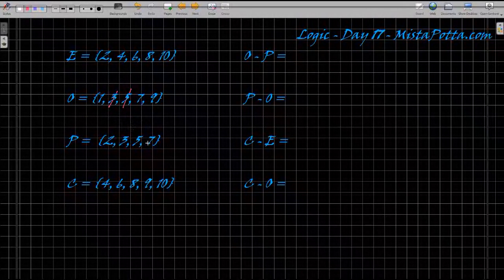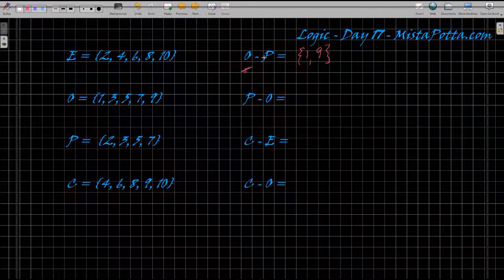I'm taking away a 7, so that's gone. And so the only contents in this difference are 1 and 9. So my set has got to contain the elements 1 and 9. That's if I started with O.